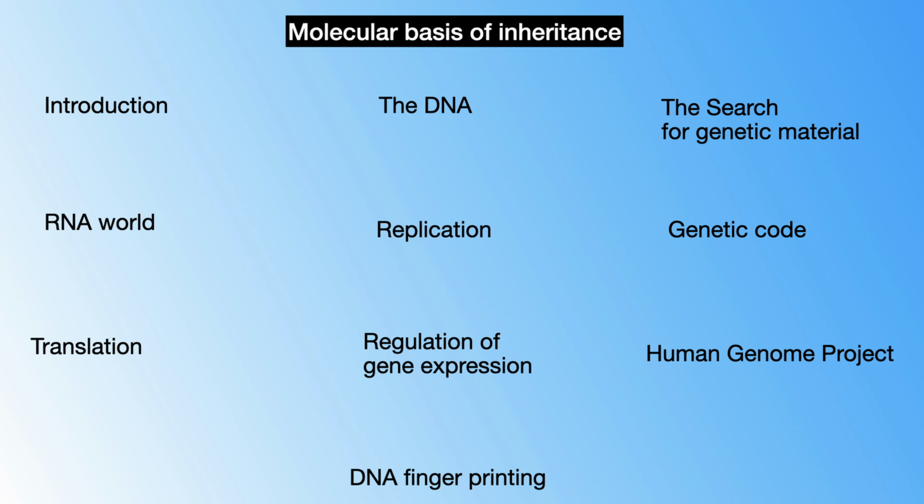Let us see about satellite DNA. Most of our DNA codes for proteins, but a large portion is junk or non-coding. This non-coding DNA contains repetitive DNA, where short sequences are repeated many times.